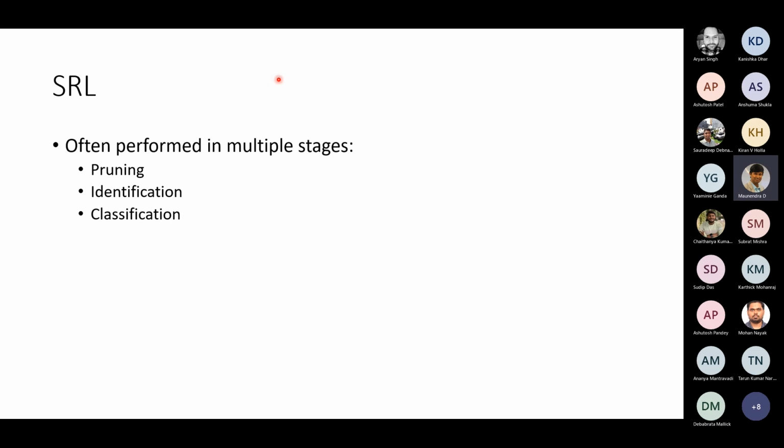Semantic role labeling often is performed in multiple stages. In the first part, some pruning is often done.